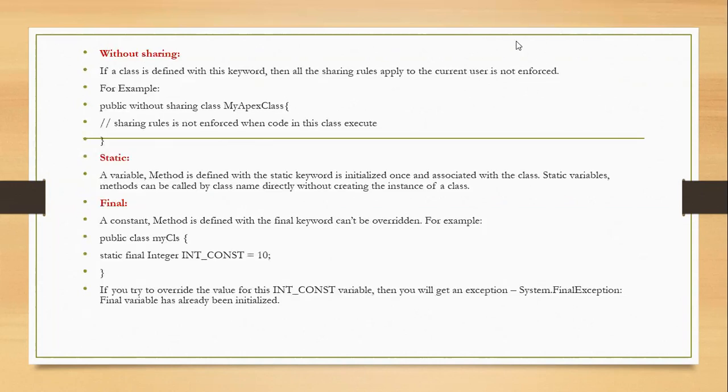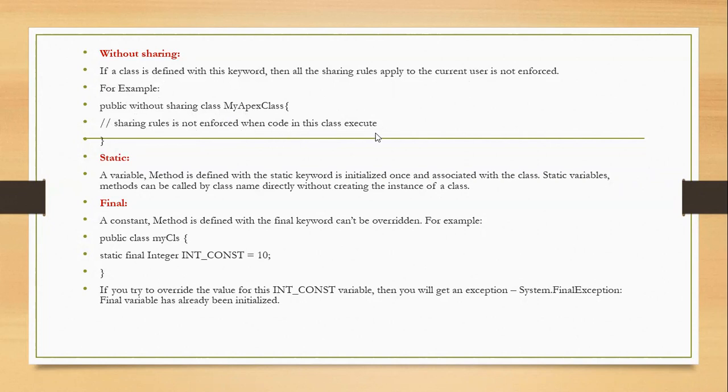Next, without sharing. If a class is defined with this keyword, then all the sharing rules applying to the current user are not in force. For example, public without sharing class MyApexClass: sharing rules are not in force when code in the class executes.